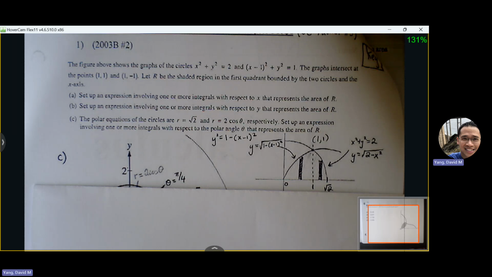So when it says with respect to x, that means get them into function form, get them into y equals. And when it says with respect to y, that means get them into a right minus left relationship.